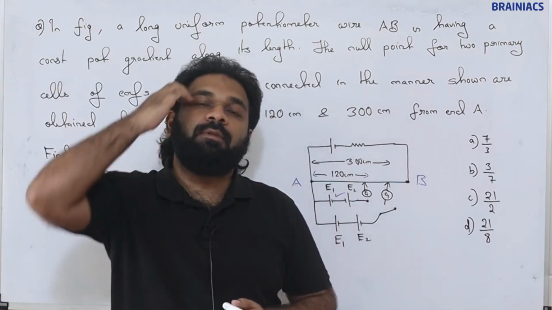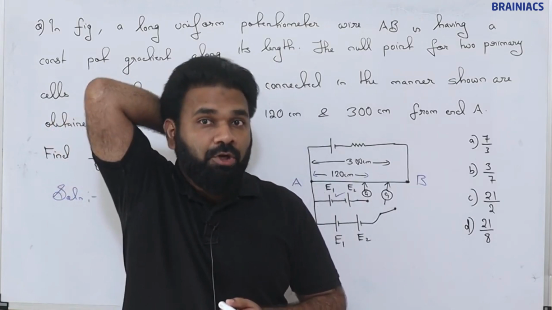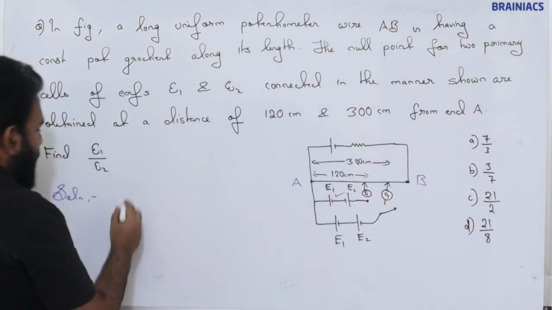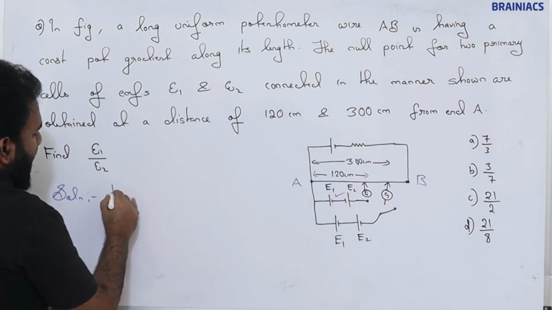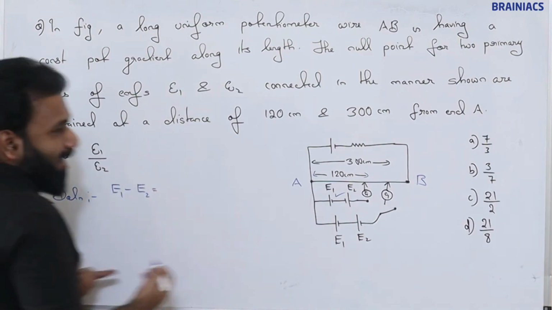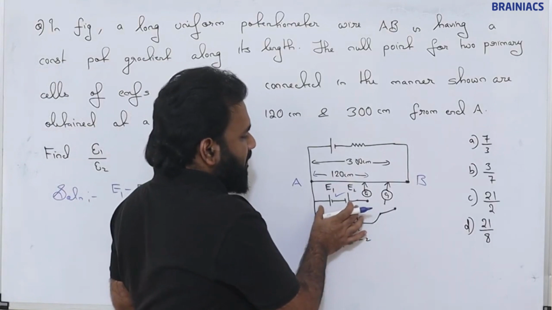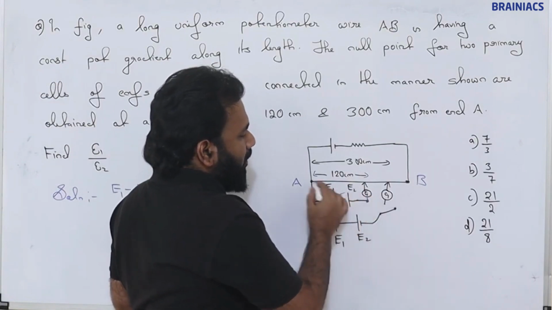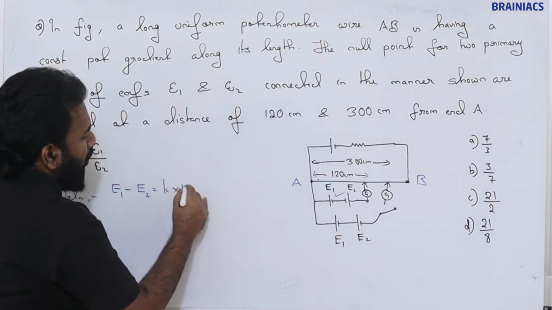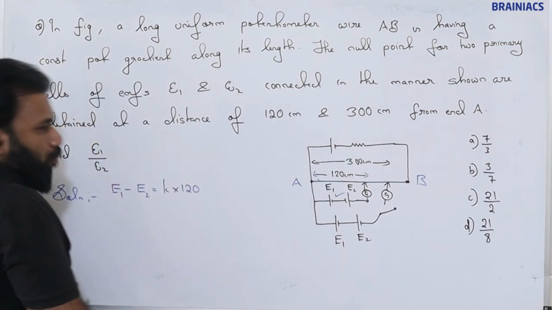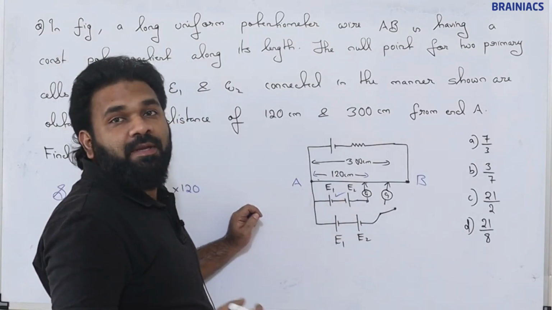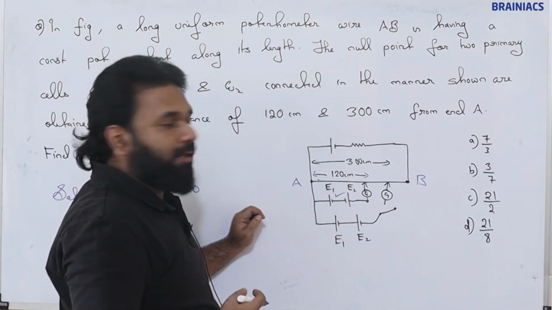Already we have spent some time studying the combination of cells. So first, E1 minus E2 is equal to Kx. If we switch on, we will get the balancing length at 120 centimeter. This is equal to K into 120, E1 minus E2. Why E1 minus E2? Because this is the difference. Why not E2 minus E1?